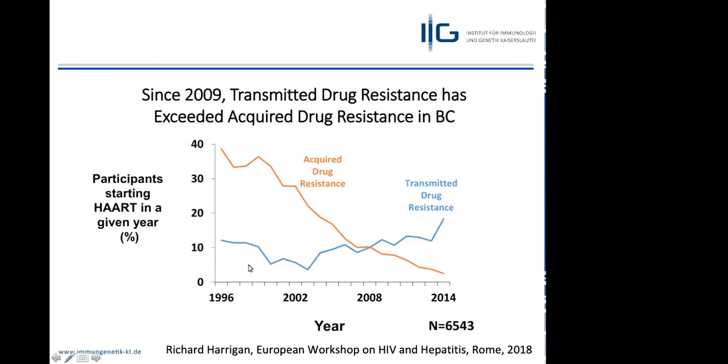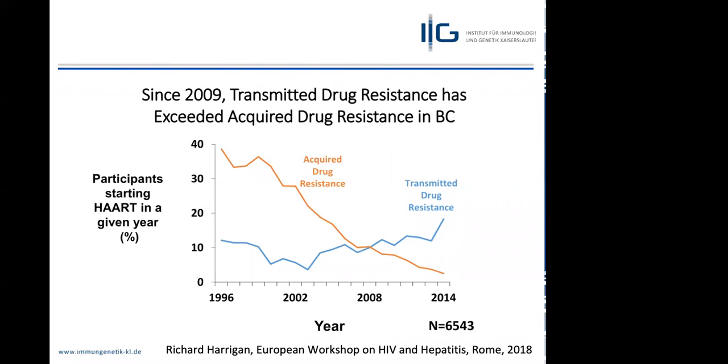And Richard Harrigan presented this at the European HIV and Hepatitis workshop in Rome last year, that at his center, the frequency of detecting drug resistance mutations was much higher for treatment-naive patients than for patients with failing regimens.